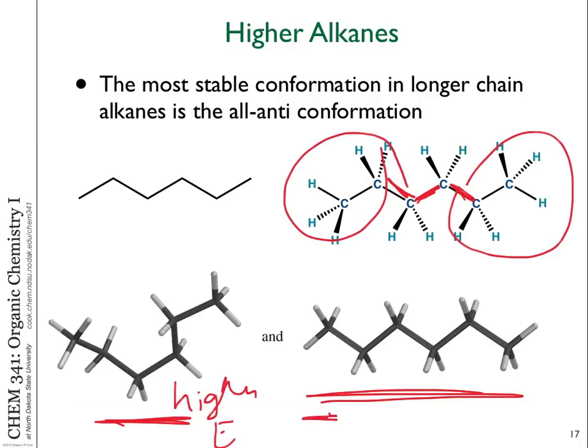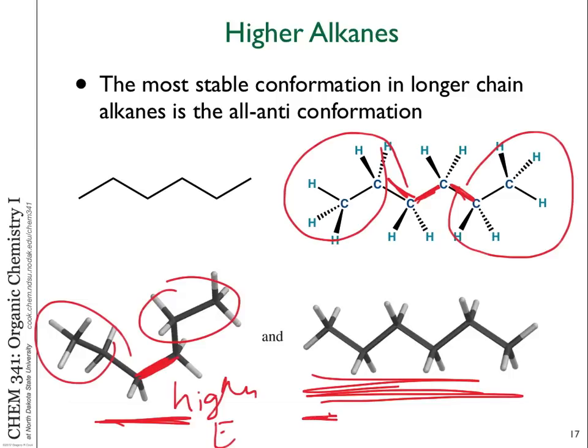And that's because what you see is that if we analyze this particular bond, this group and this group are coming close together. That's going to be higher energy than the fully anti, fully open linear chain of the molecule. Okay? So any questions on the examples I've given so far for ethane, propane, butane, or these molecules?